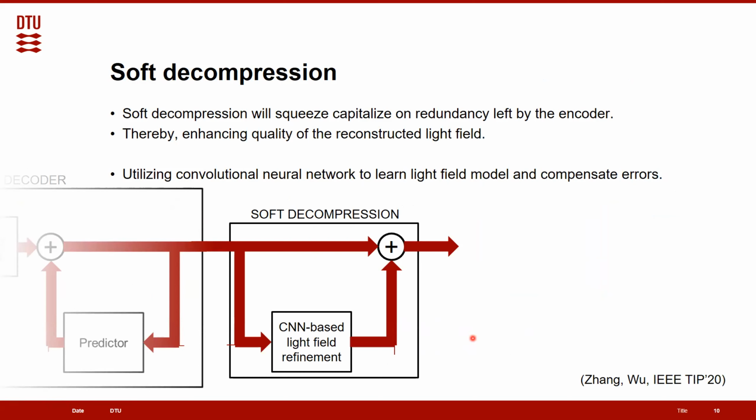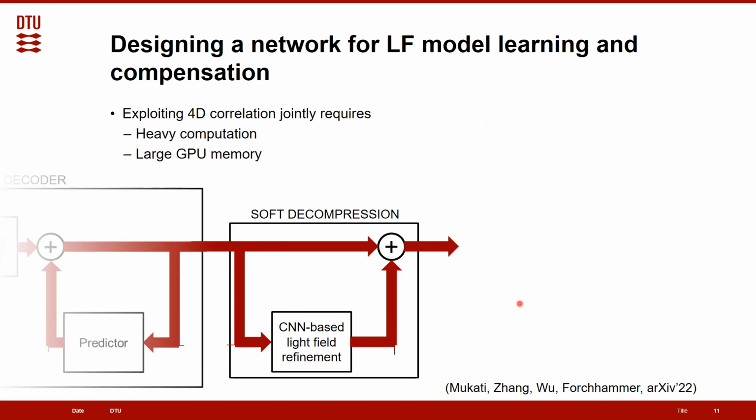Starting from here in our EPIC coder, we joined forces and addressed coding of light field, designing the soft decompressor, the learning-based reconstruction for light field data. But we would still like to have control of complexity, keeping it within reasonable bounds.